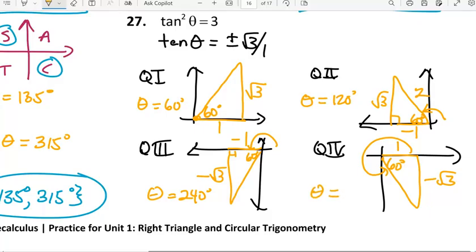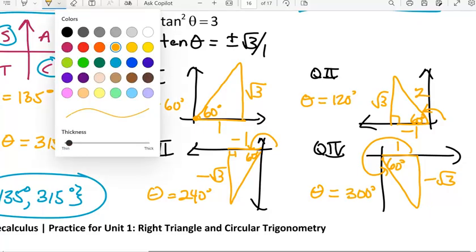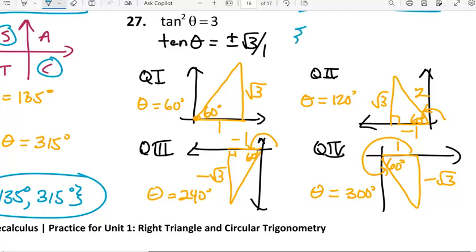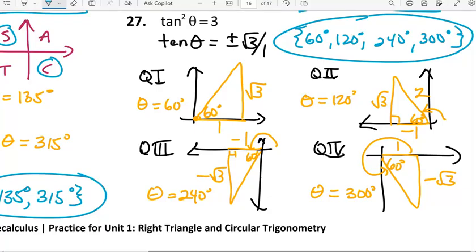So theta is 360 minus 60, which is 300. So our final solution set here includes 4 solutions: 60, 120, 240, and 300. Remember the plus or minus is what's going to increase the number of solutions.